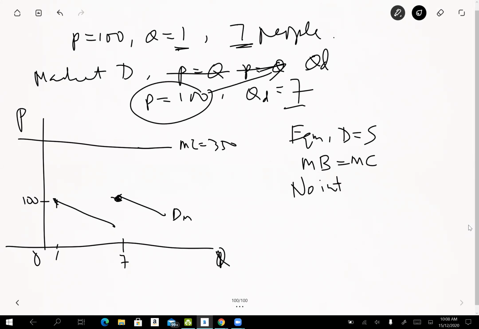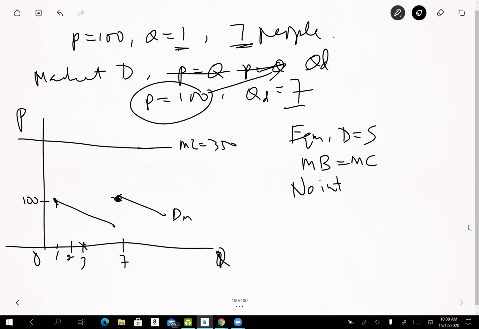Okay, all right. Now, if you look at part B, you assume the efficient quantity is 3. So when we assume it's 3, that is the efficient.